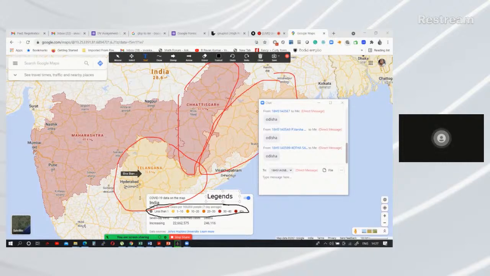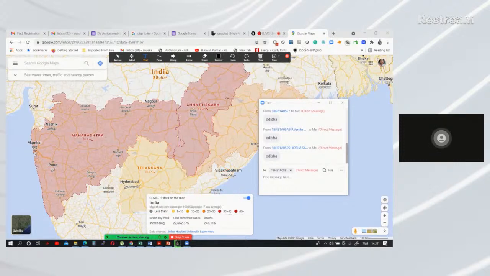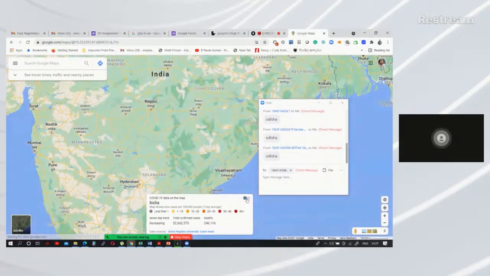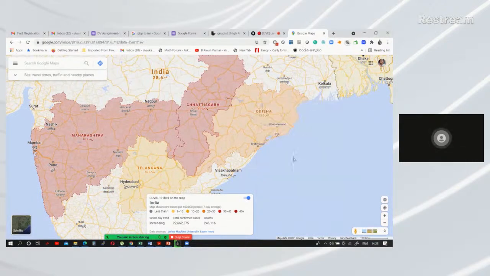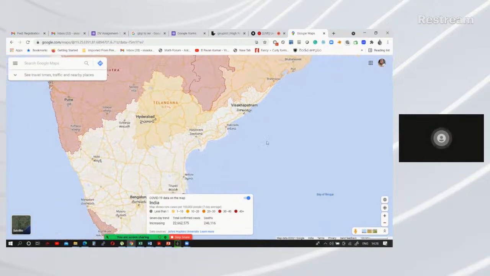It is a spatial data representation. Because it is dynamic in nature, see this. Now the map has changed to the current heat maps.